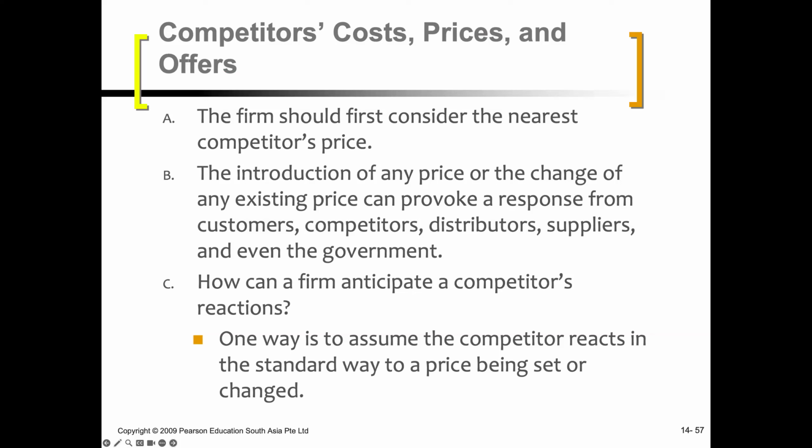So how can a company anticipate a competitor's reaction? One way is to assume the competitor reacts in a standard way to a price being set or changed. Or, in my case, I use social listening quite a lot. Whenever I search for a product or the pricing, I go deeper into smaller communities or groups.